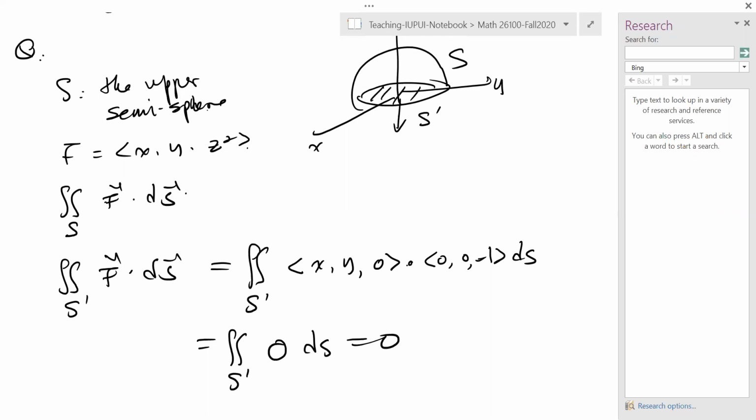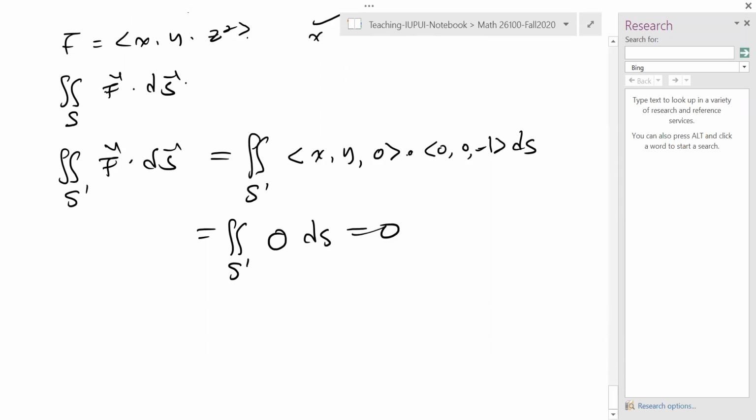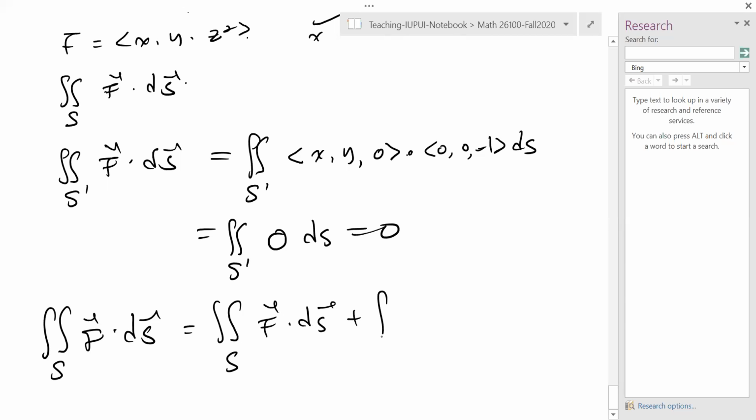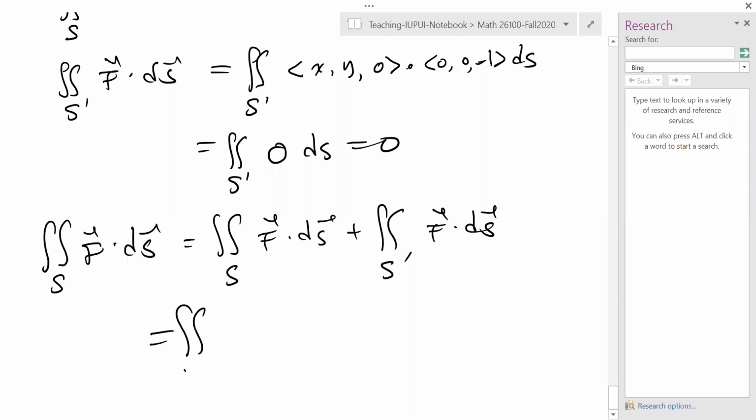So therefore, for this surface integral, you can add a 0 part. Now this surface becomes a closed surface.